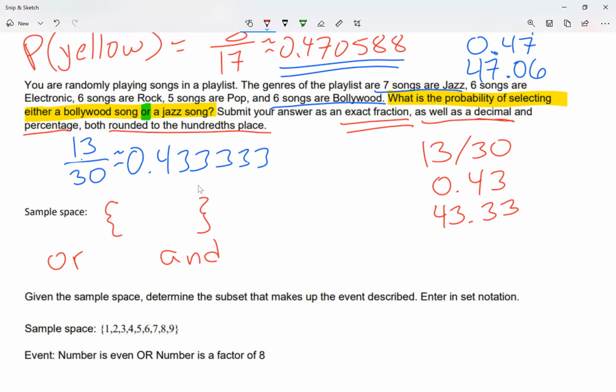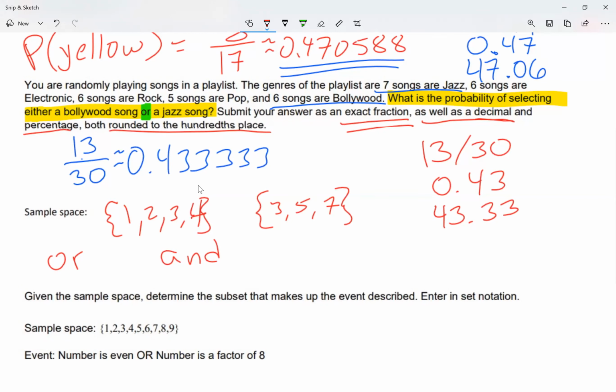So again, I might give you guys 2 separate lists. Let's say I have the numbers 1, 2, 3, 4. And then here I have the numbers 3, 5, 7. Let's say I gave you 2 lists. If I say the word or, as long as it is in one of the lists, it is a possible outcome.